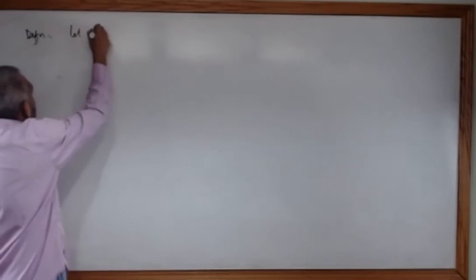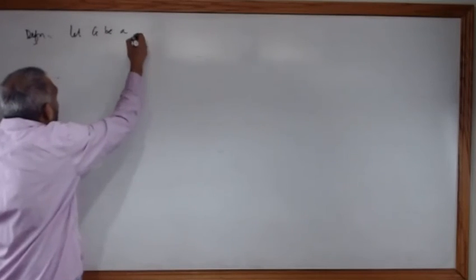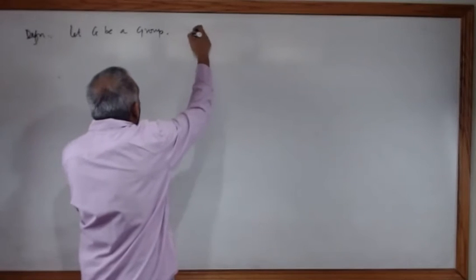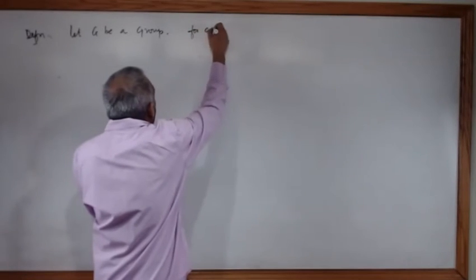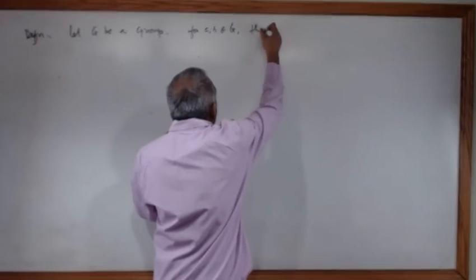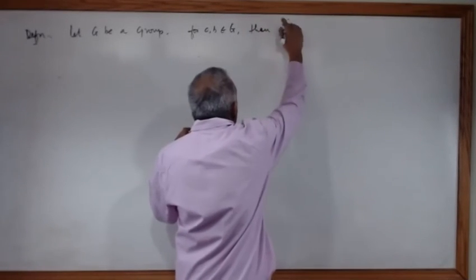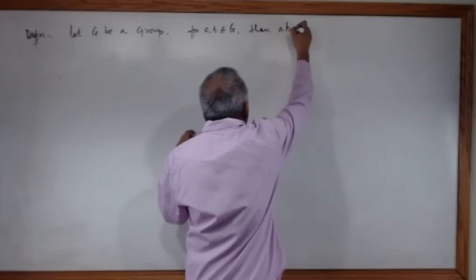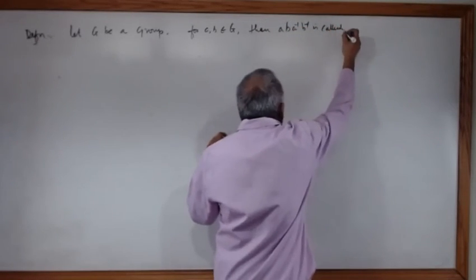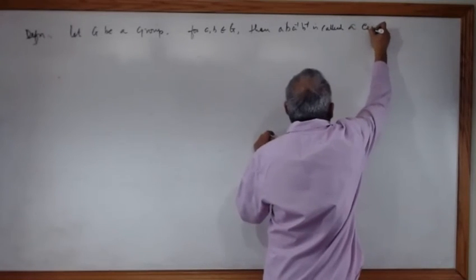Let G be a group. For A, B belonging to G, then A B A inverse B inverse is called a commutator.